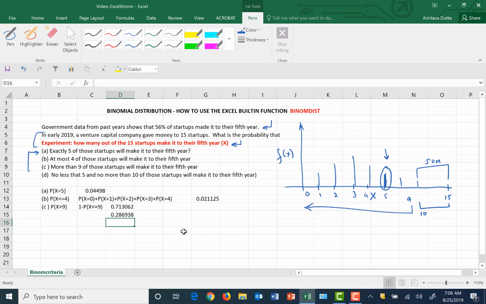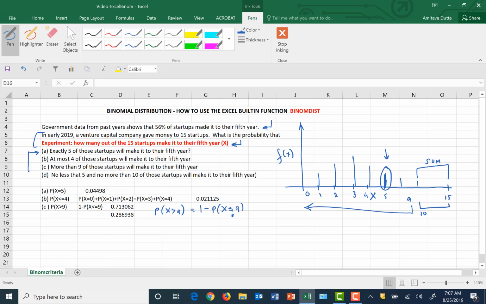So let me write this out. The probability of x greater than 9, I can't get this directly, so I just rewrite it a little bit for convenience, is 1 minus the probability of x less than or equal to 9. This is very important, this less than or equal to 9. It's not x less than 9.